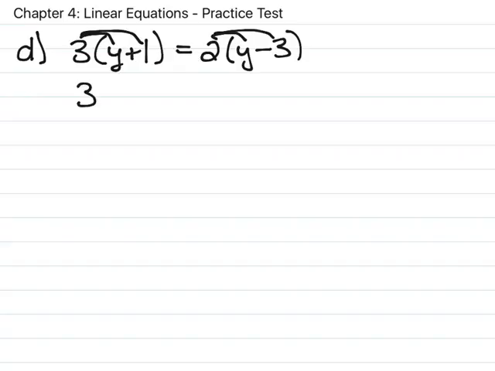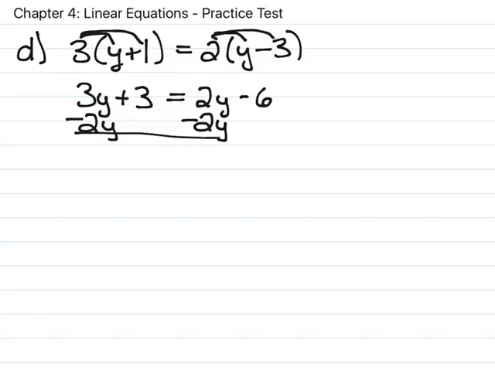So we're going to have 3y plus 3 is going to be equal to 2y minus 6. We're going to collect the y's on the left-hand side. So subtracting 2y from both sides. 3y minus 2y gives us y, plus 3 is going to be equal to 0 minus 6.